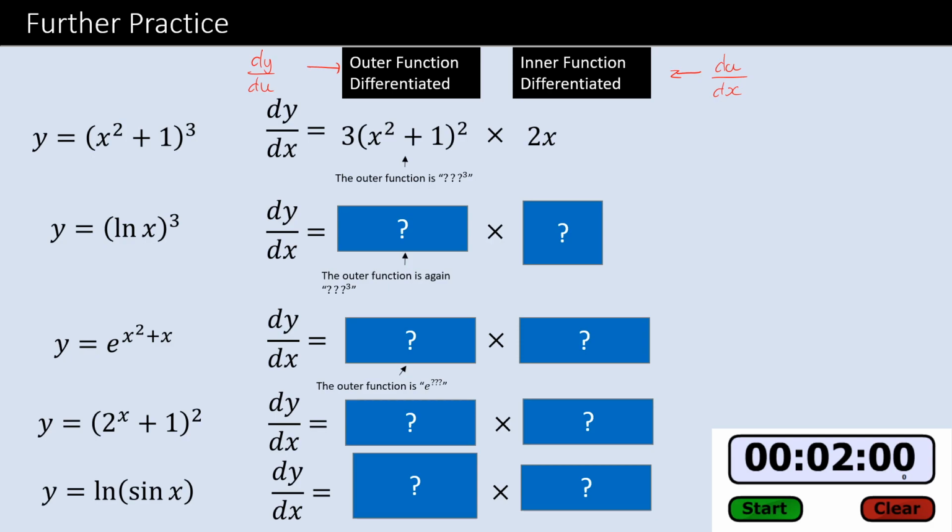The next one has a similar setup in terms of the bracket, which has got something different inside of it. So the outer function again is something cubed. If I were to differentiate something cubed, what would I get? Just like we had on the last one, we'd get 3 lots of the something squared. But now we multiply by the inner function differentiated.